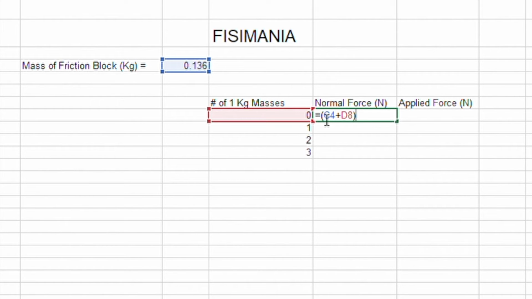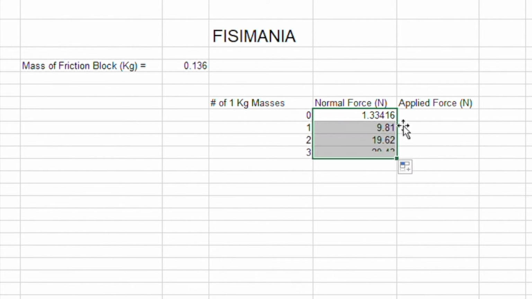So again, this is using Newton's first law, where we're moving with a constant speed along the x-axis, so the horizontal axis. Therefore, the applied force is going to be equal to the kinetic friction force. And the values that we can get for the normal force in this case are going to be all the way from 1.33 newtons to 29.43 newtons.